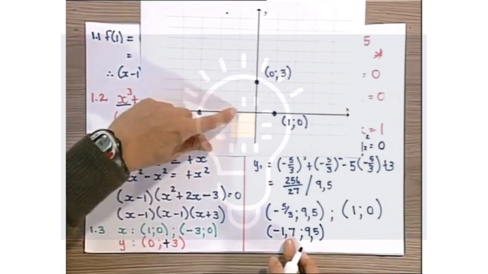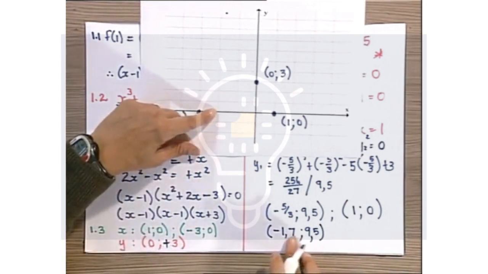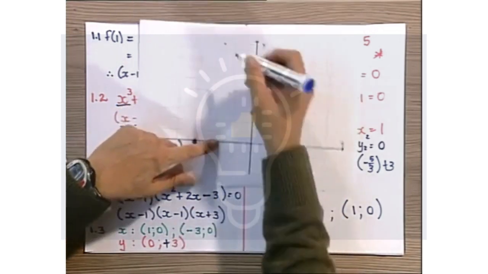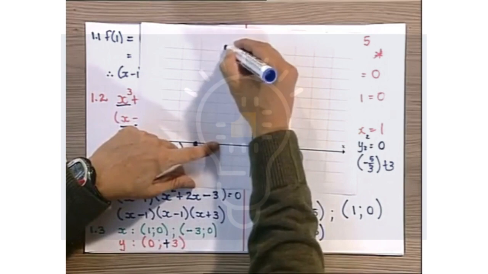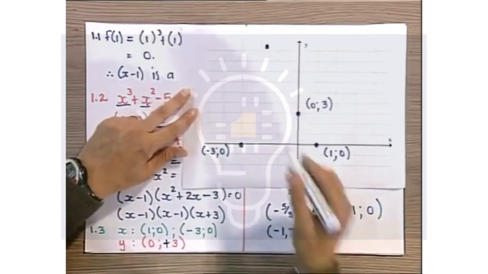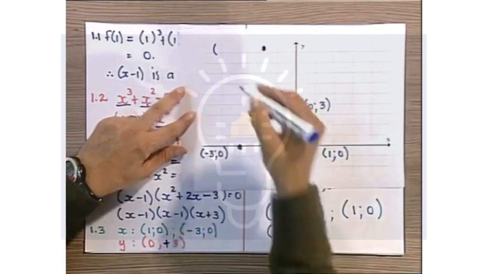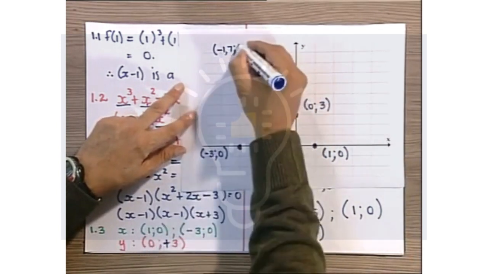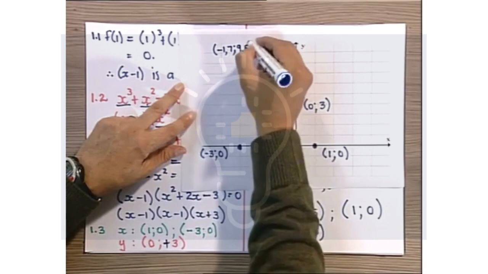That's minus 1. There's minus 2. So it's in between. So it's about there. And in 9.5, if you go up, you can see we have a point there that's going to be minus 1,7 and 9.5.